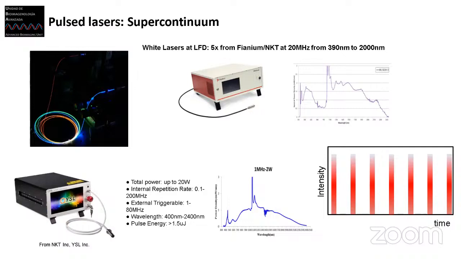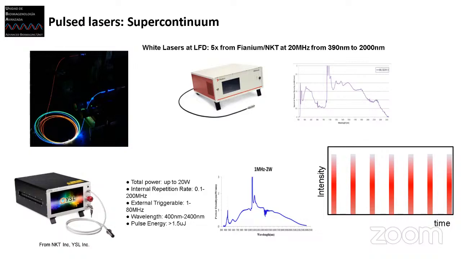And pulsed lasers, there are many. This is one of the examples that we have now on the market, the white lasers, which are very interesting because while they are fundamentally modulated at usually some frequency, I don't know, megahertz, they can cover a very long range of excitation from 390, 400 to above a micron, so 1,200, 2,000 nanometers.